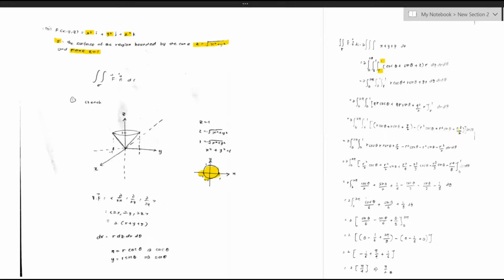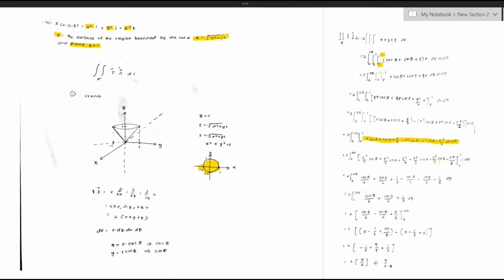Then we simplify, and we get r cos theta plus r sin theta plus r over 2 minus r squared cos theta minus r squared sin theta minus r cubed over 2, dr d theta.